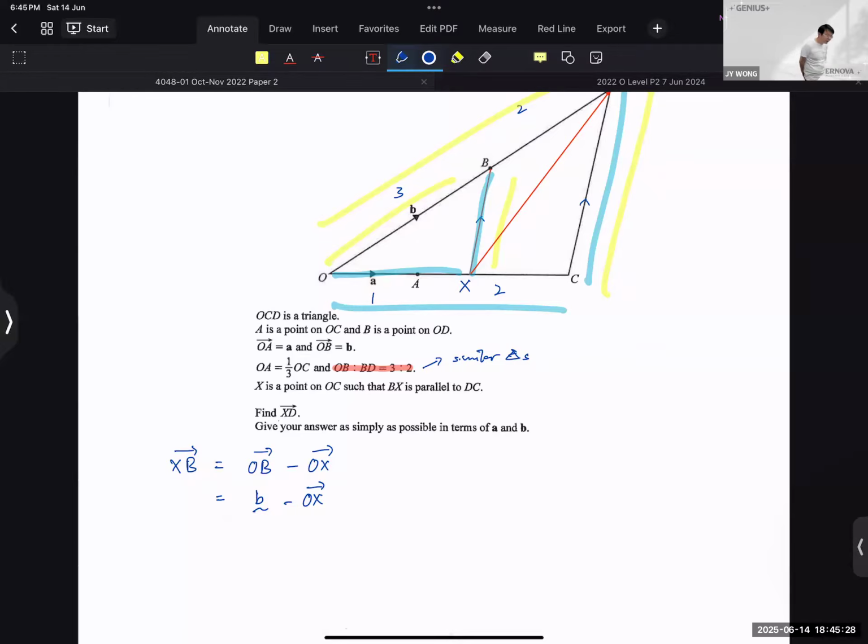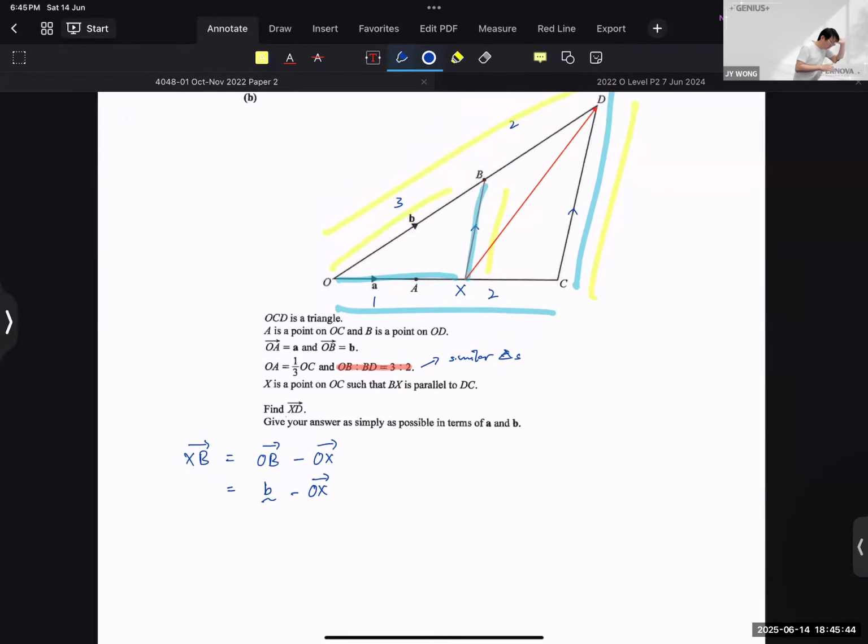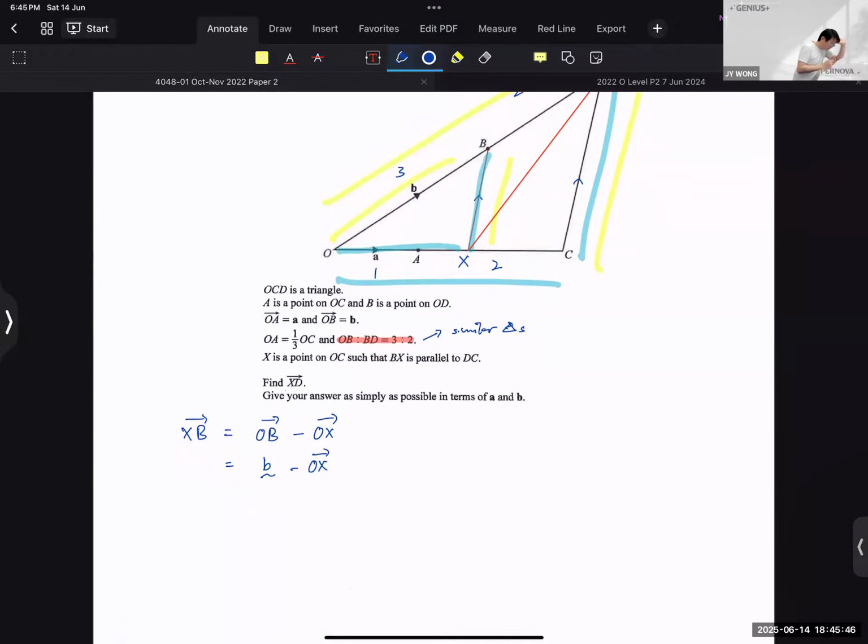So my question to you here is, why do you think they give you the point A here in this case then? So that we can find OC. What is OC equal to? 3A, right?